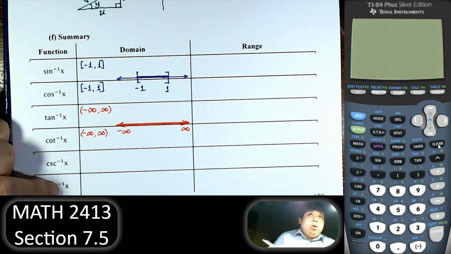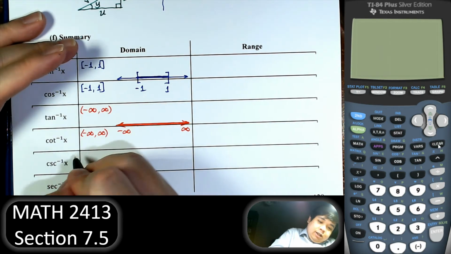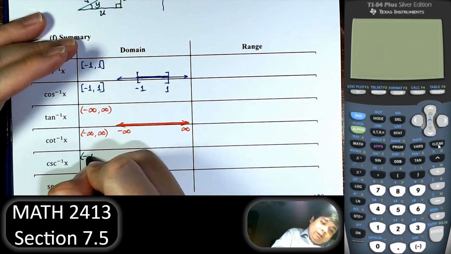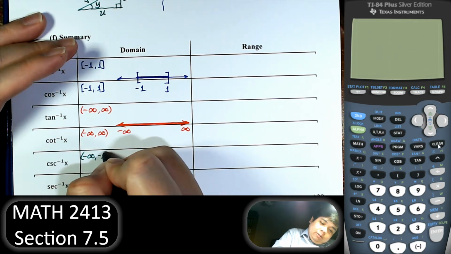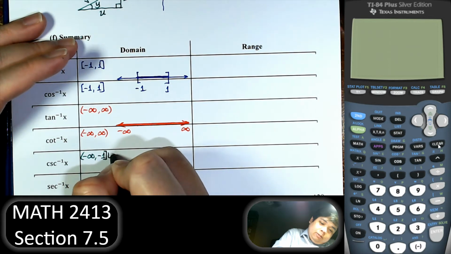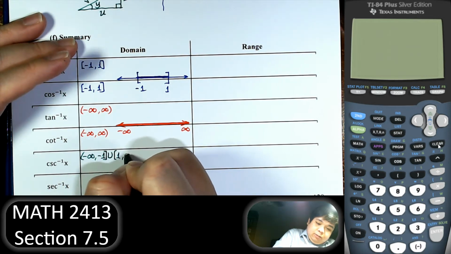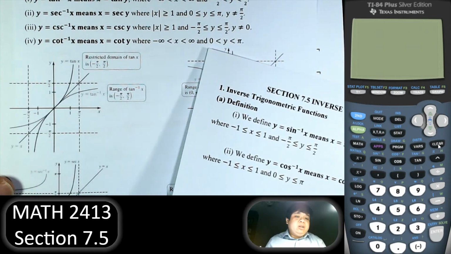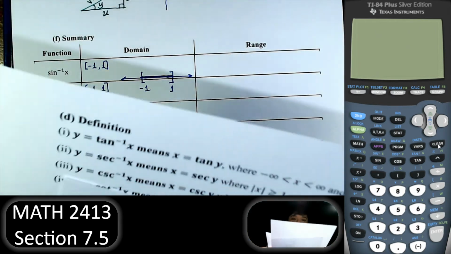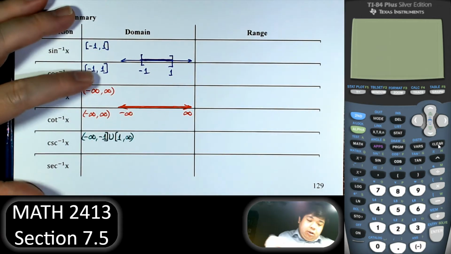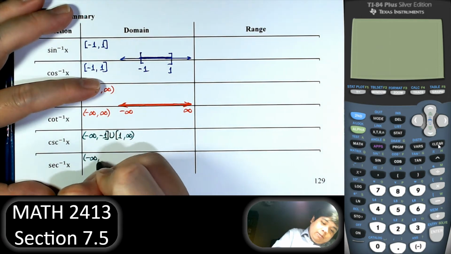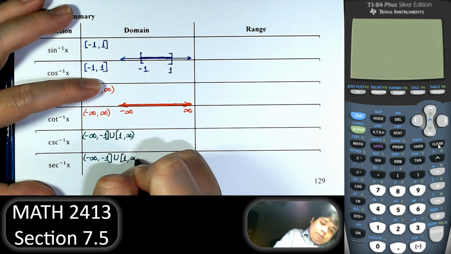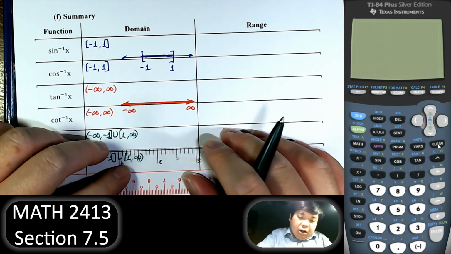And then cosecant will be outside of -1 and 1. But you can always go back to the note. So we have the number line.